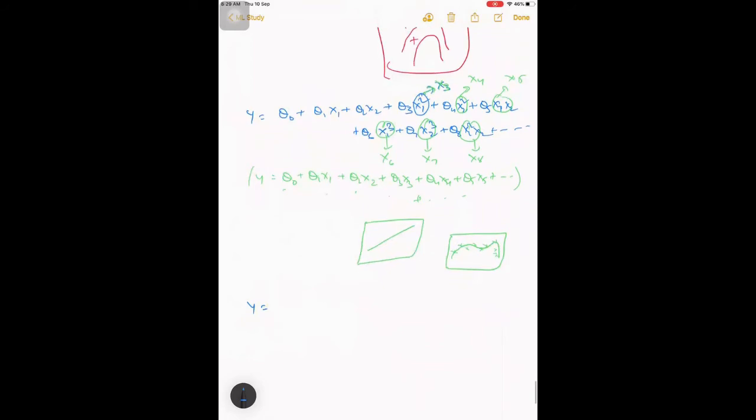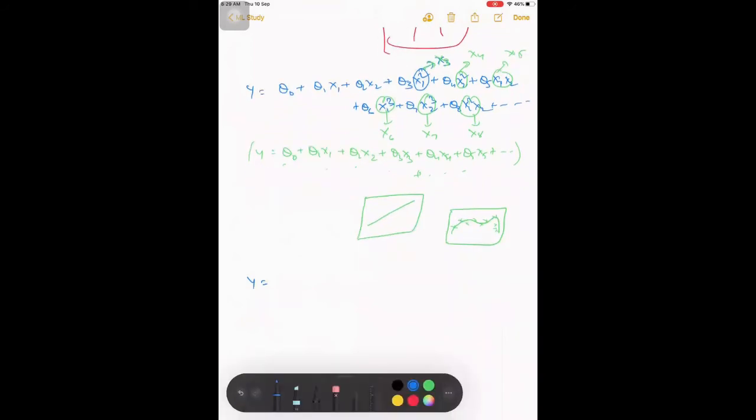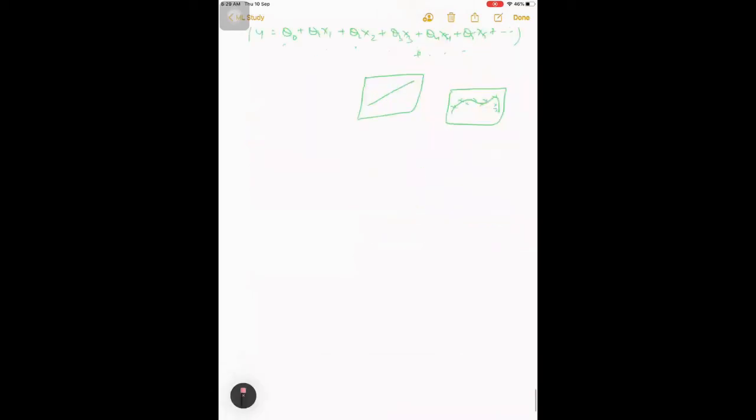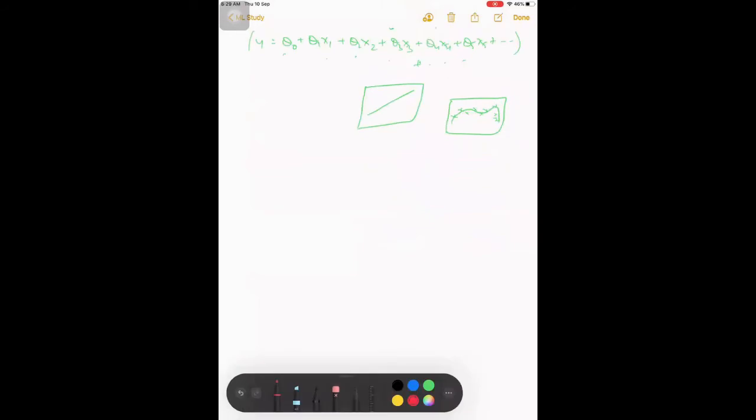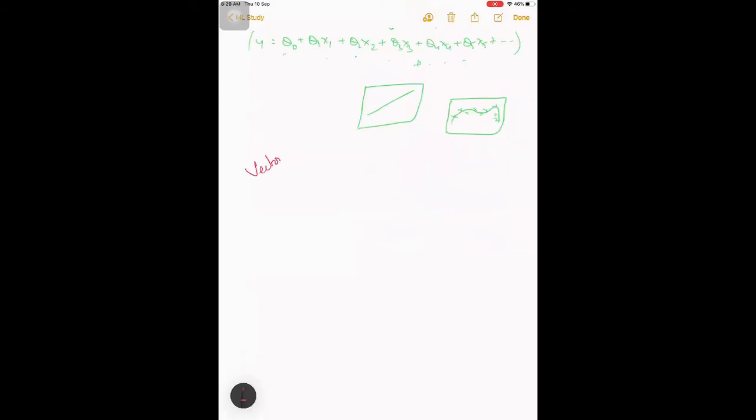So what we will try to do is introduce a concept called vectorization. So let me introduce two vector concepts, called vectorization.